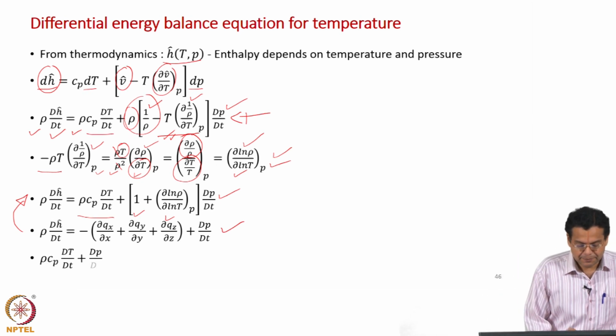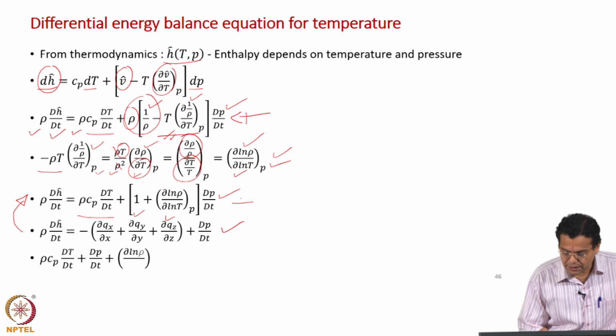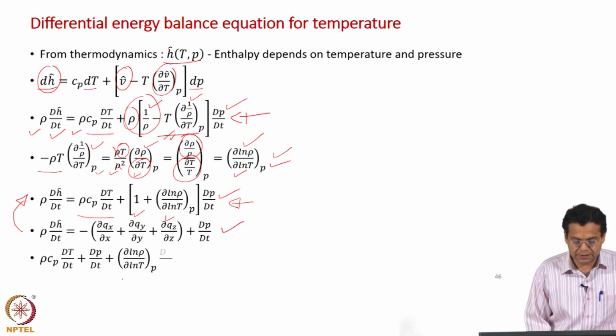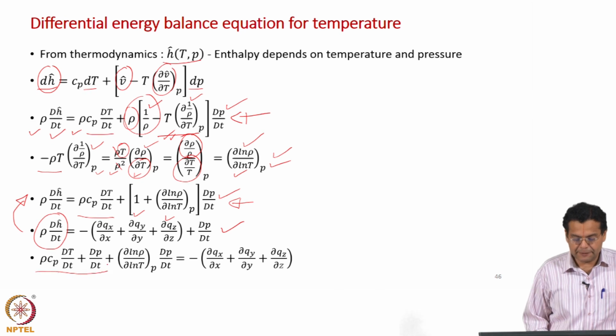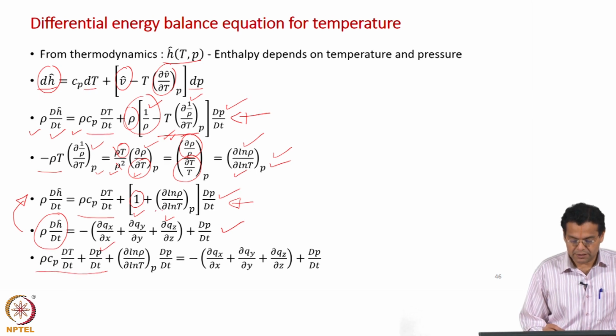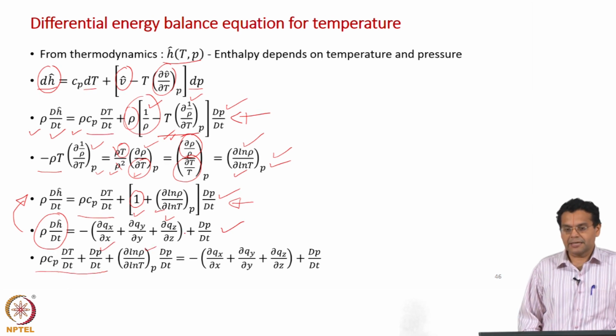So, on the left hand side I substitute this relationship which you have derived just now. So, rho dH cap by dt is expressed in terms of rho Cp dT by dt, and then this becomes just dP by dt, then of course we have this term here multiplied by dP by dt.